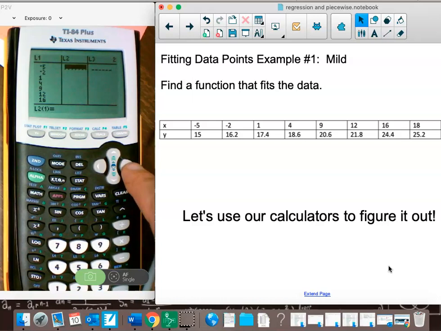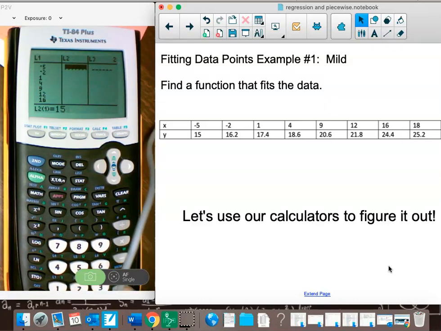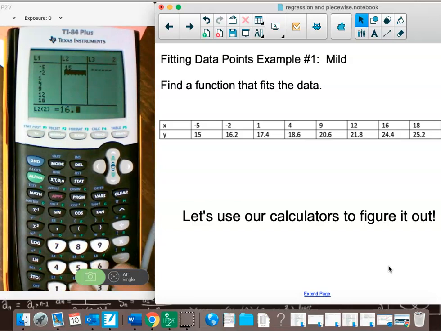In the next list, you're going to enter all the y values that go with those x values. So we're going to enter 15, 16.2, 17.4, 18.6, 20.6, 21.8.